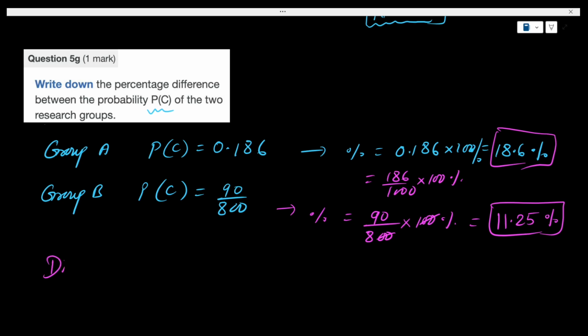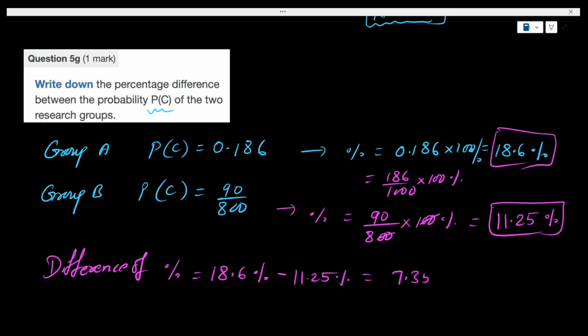Now the difference of the percentages we need to find out here: 18.6% minus 11.25% gives 7.35 percent. So this is the percent difference between these two research groups.